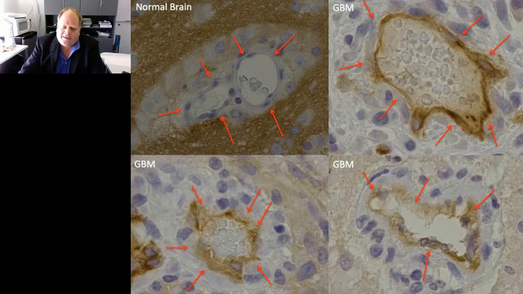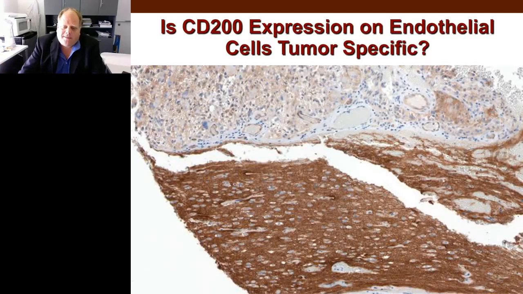Now remember, this is extremely immunosuppressive, and it interacts on the receptors, and the CD200 receptors are upregulated on T cells. Moreover, this is tumor specific because if you look here, again, on a GBM, you can see the CD200, but you don't see it right next to the tumor itself. So this appears to be within the tumor itself.